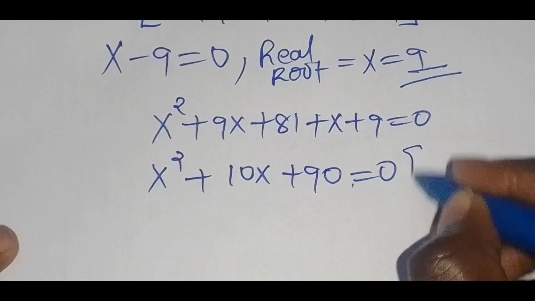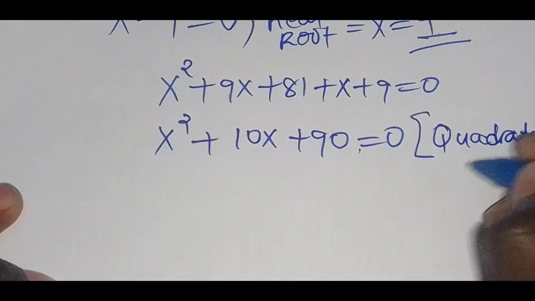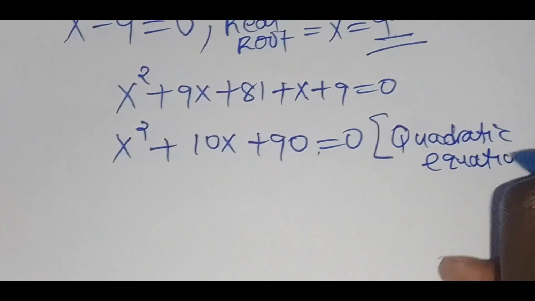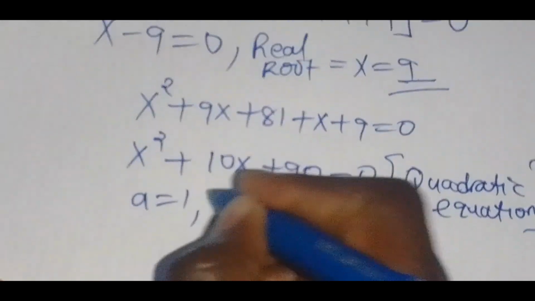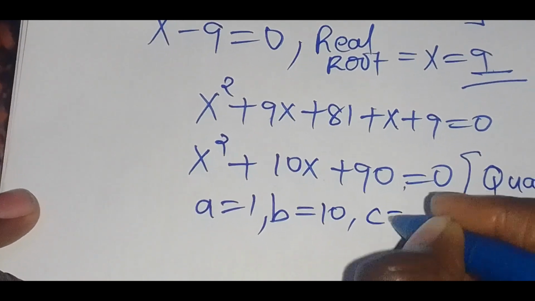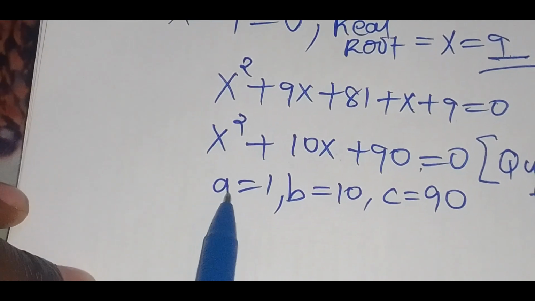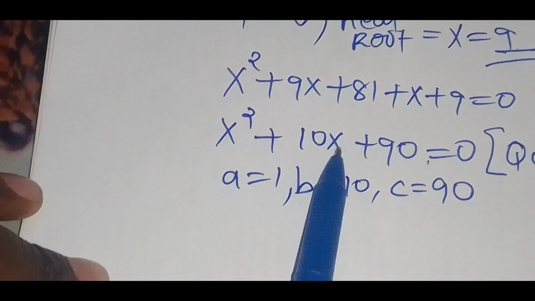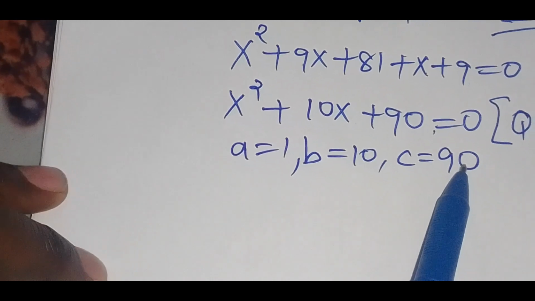This forms a quadratic equation with a equal to 1, b equal to 10, and c equal to 90. The coefficient of x squared is 1, the coefficient of x is 10, and our constant is 90.